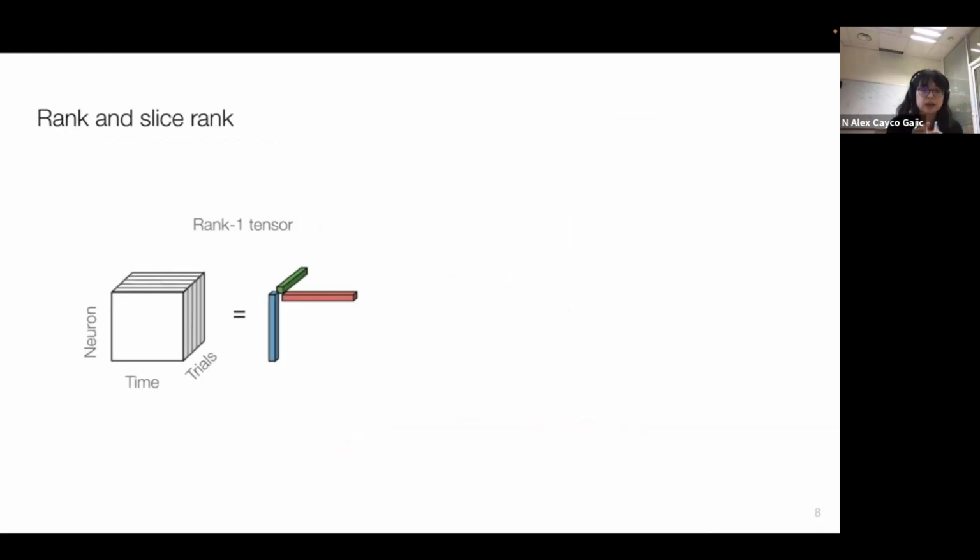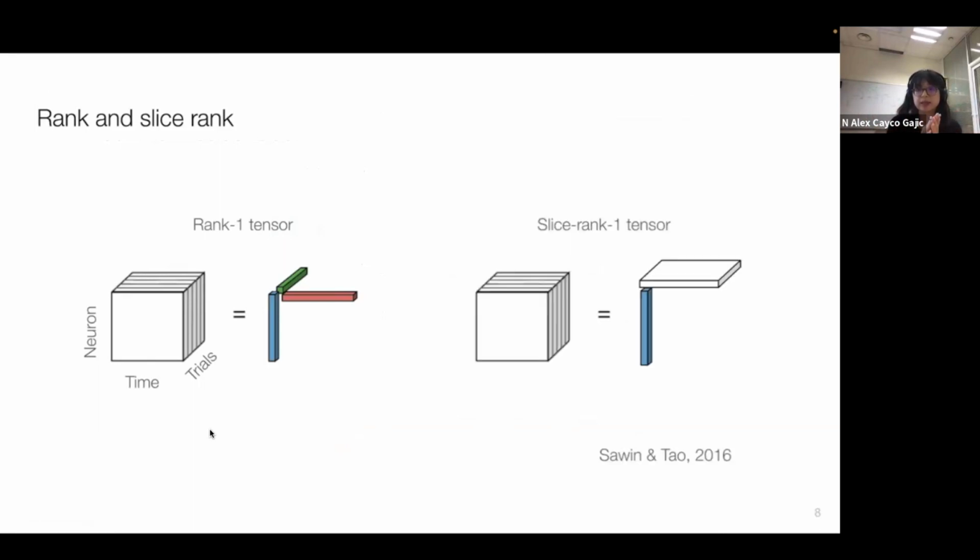And so in order to capture all of this type of variability, we need to go back to the definition of these types of methods. So we start with a rank 1 tensor, which is how we define TCA. But it turns out that you can define different types of ranks for tensors. And one that's more recently been discovered by Terry Tao is the slice rank.